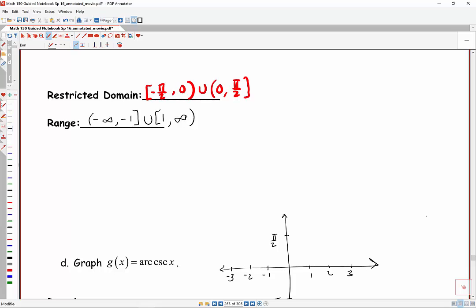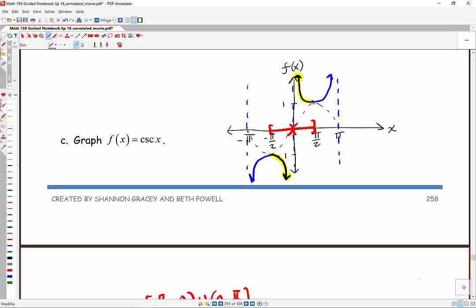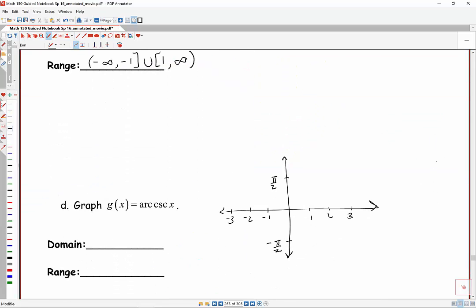Let's look at what's happening here. We have a vertical asymptote at negative pi, 0, and pi. Those become horizontal asymptotes. So our horizontal asymptotes will be here, here, and here.